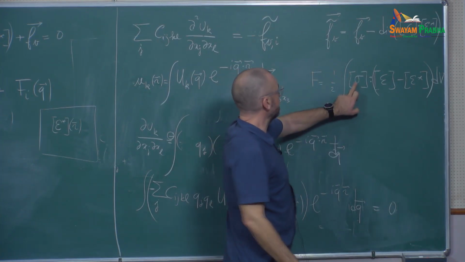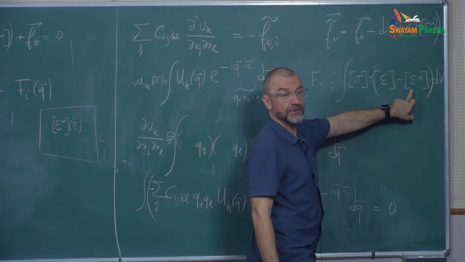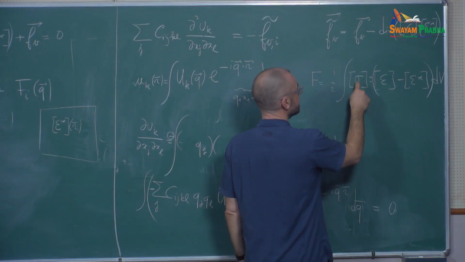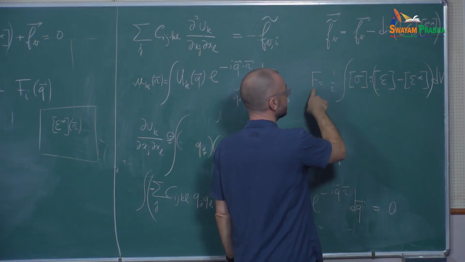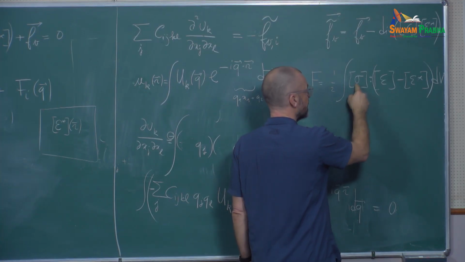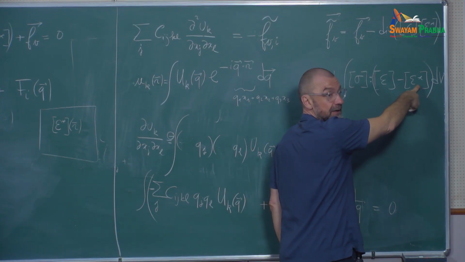And sigma is itself C double contracted with this. So if you compute this energy at equilibrium, the stress and the strain will themselves become functions of epsilon star.